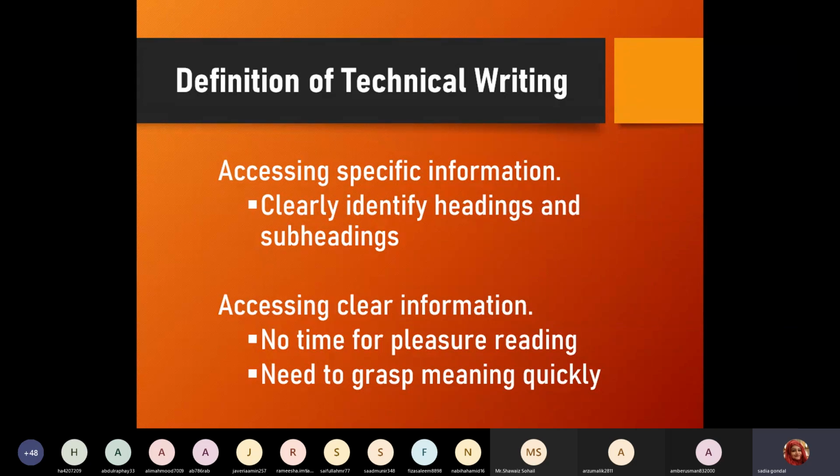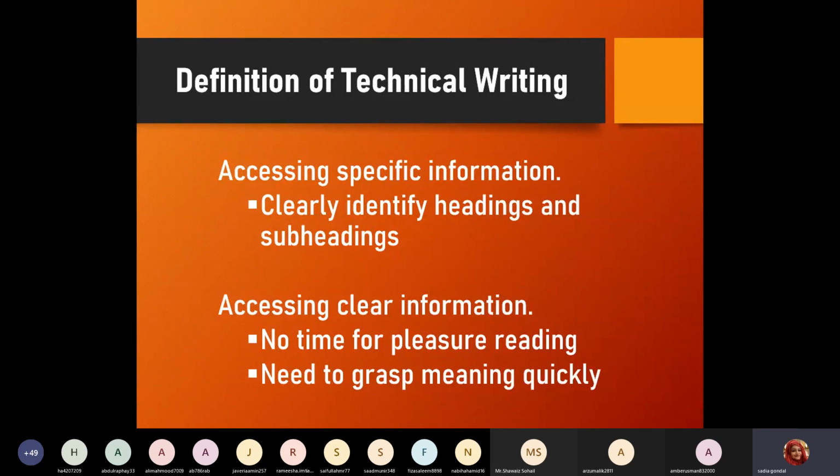The major function of technical writing is to give access to specific information. Technical writing is a kind of document that does not allow for pleasure reading. And when you are forcing the reader to read a particular kind of boring document, you have to make sure that the specific information is there so that it's easy to scoop out the required information and to proceed with that.